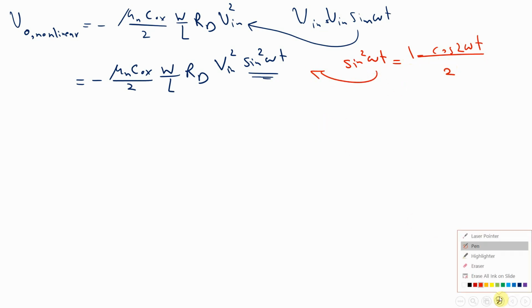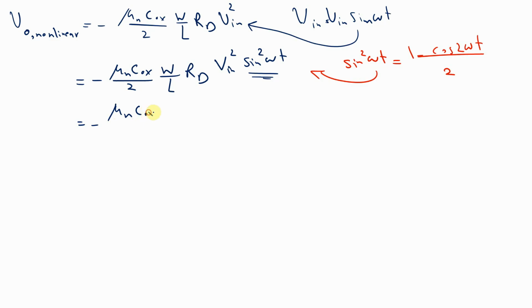Okay, here we have minus mu n C oxide W over L times 2, but not 2 because we have another 2, so 2 times 2, which is 4 in here already, V in squared, and this one here we have 1 minus cosine of 2 omega t.